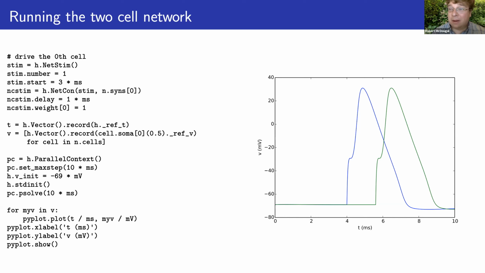If we were running in parallel, and we had 2 different compute nodes calculating each time series, everything would work, except we wouldn't be able to record from both cells on the same processor, because one would have one cell, one would have a different cell. So we're going to have to do something about that.